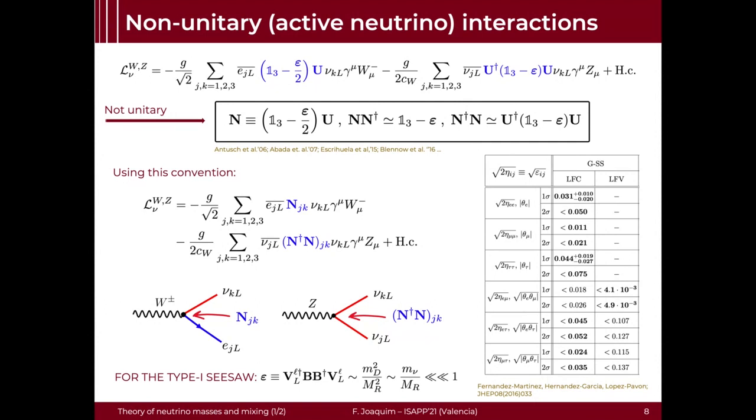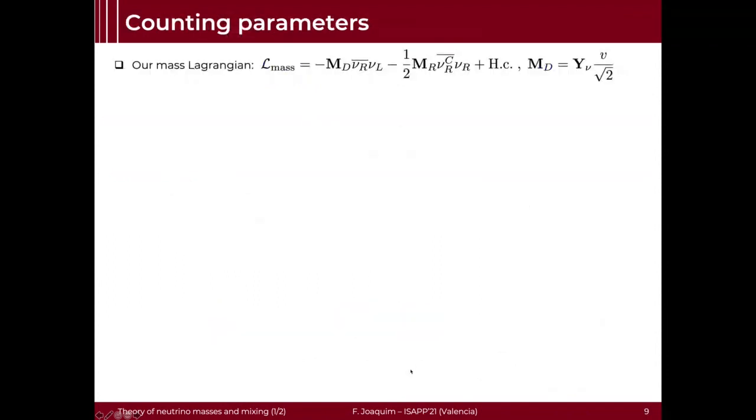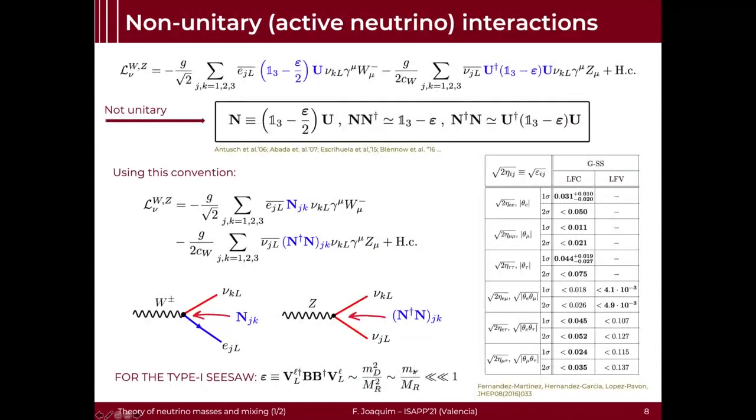But we know that for the type 1 seesaw, this epsilon is given by this combination. If we just do an order of magnitude estimate, this will be m_D² over M_R², which is roughly m_ν over M_R.